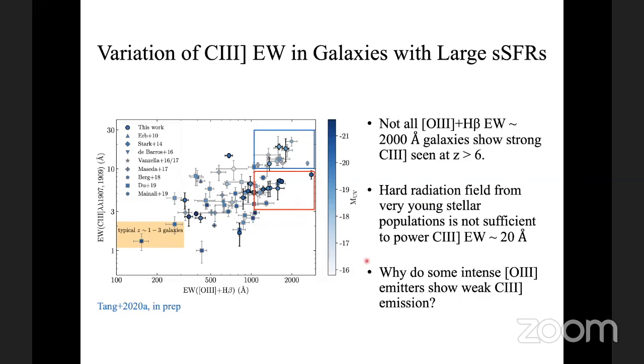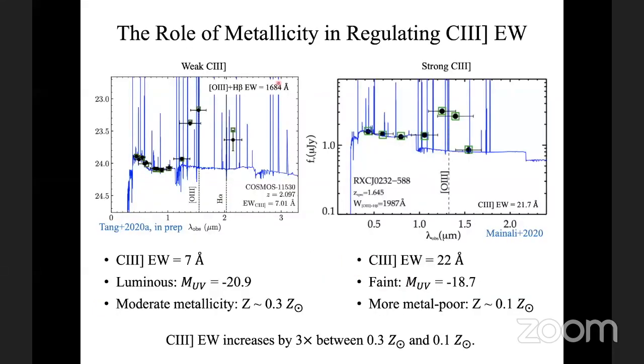So we investigate this with our full ionization models, and we found that the answer is metallicity. Metallicity also plays a very important role in regulating the carbon-3 emission. Here I show two examples with both large O3 plus H beta equivalent width, but one is a weaker carbon-3 emitter, and another is a stronger carbon-3 emitter. The weaker carbon-3 emitter is more luminous, with moderately metal poor gas of about 0.3 solar metallicity.